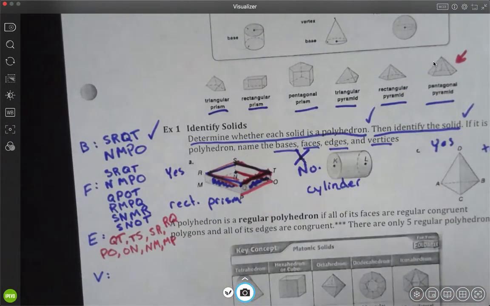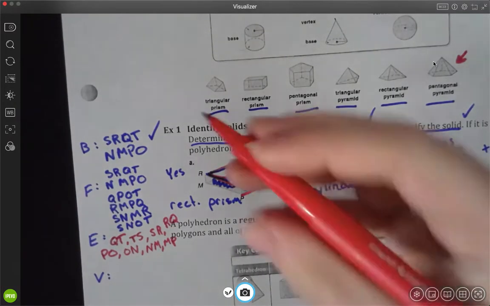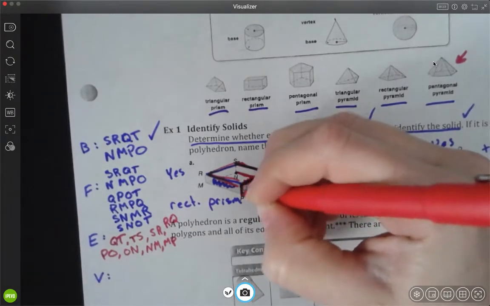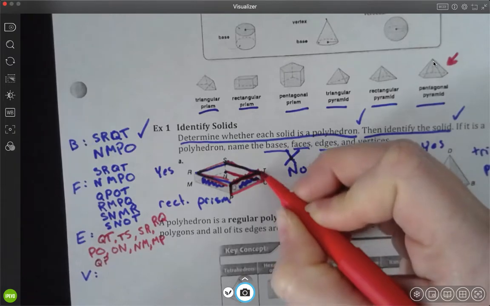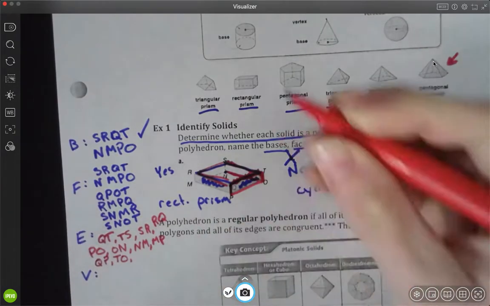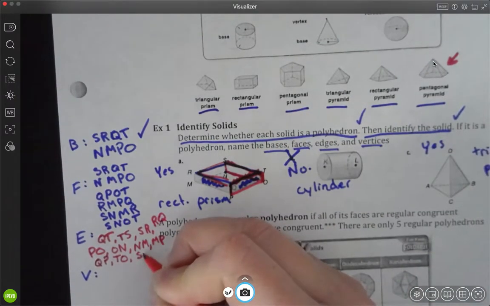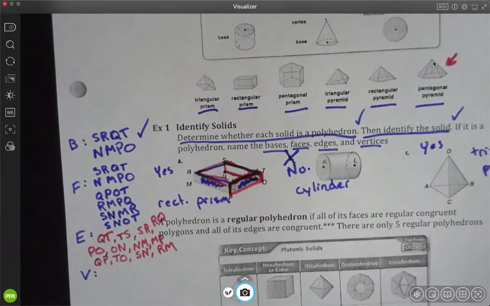That's all the ones around the bottom. Done? No. We've got these little guys right here. Like QP is one. TO or OT, doesn't matter what order you put them in. SN and RM. Okay? There are 12 of them.